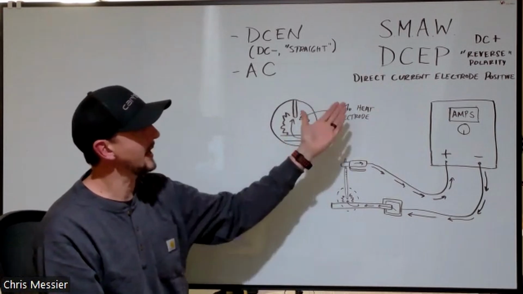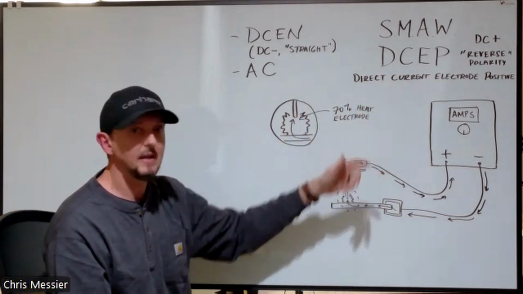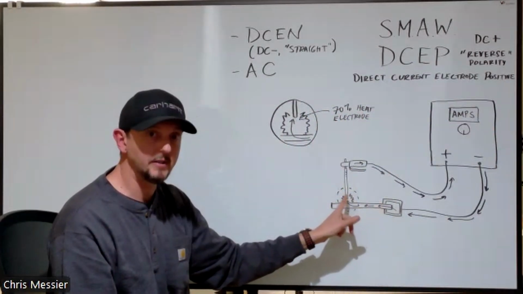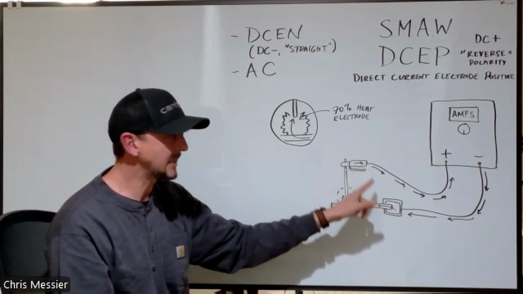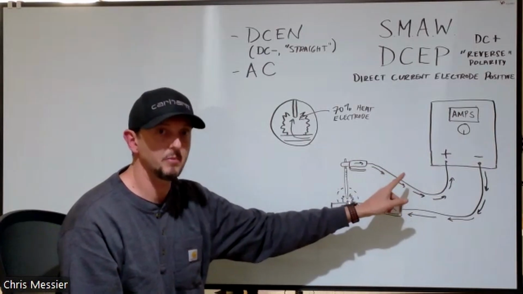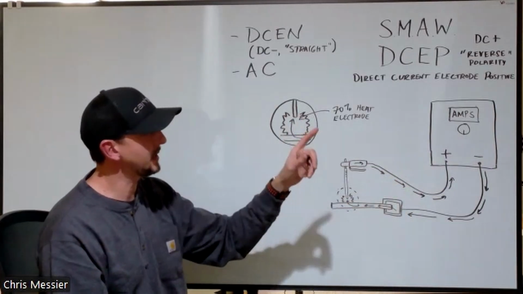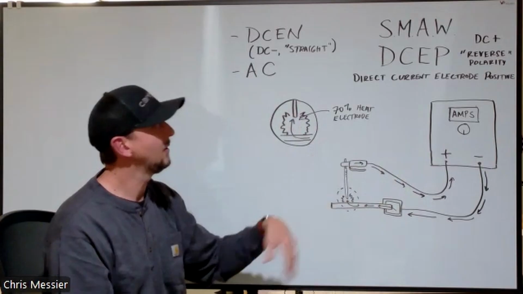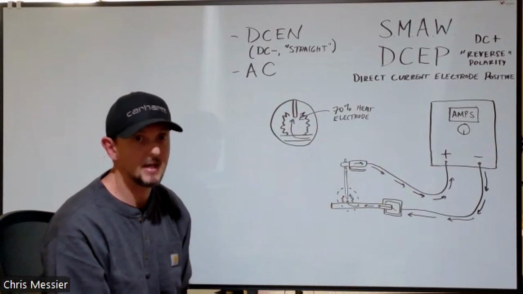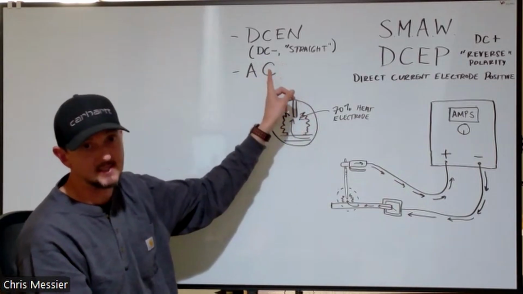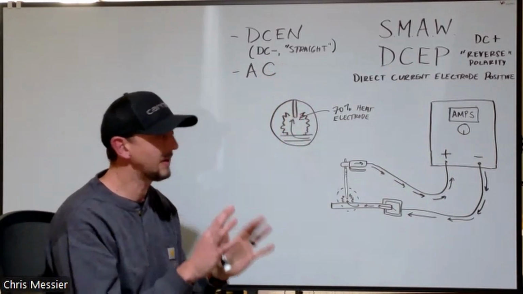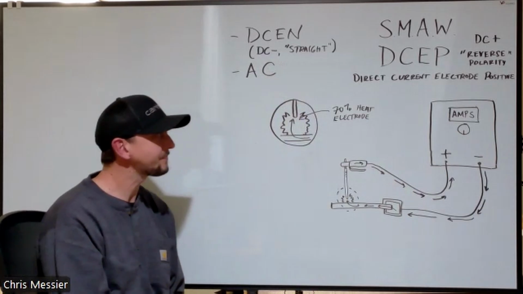So in this case, direct current electrode positive means that our electrode, in this case, our stinger and our stick electrode, should be connected to the positive terminal. Okay, so DC plus, DCEP, or reverse polarity. And you'll see why it's called reverse when we get to explaining DCEN. So just bear with me on that for a second.